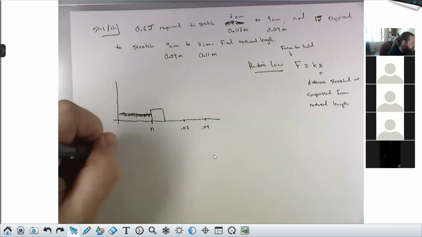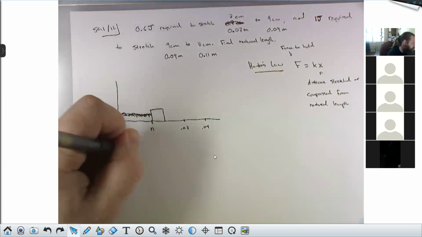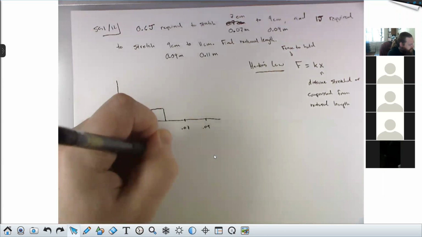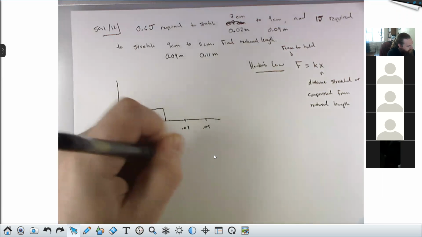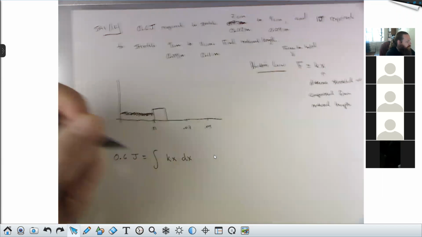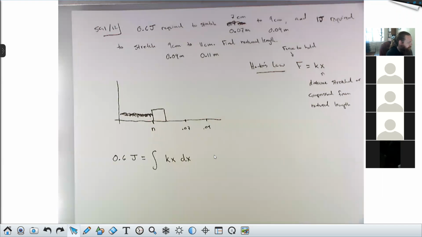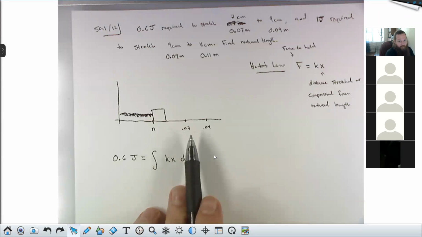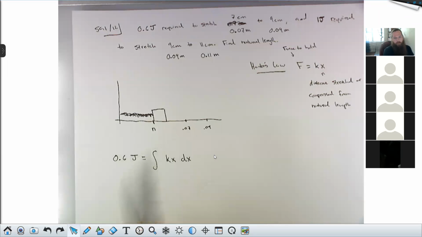So 0.6 joules is equal to the integral of kx, that's your force, dx, but done from where to where? It's not from 0.07 to 0.09, which is what you might think. Because if you were to integrate from 0.07 to 0.09, you would be assuming those are the x values, which they're not. Remember, x is the distance from the natural length.